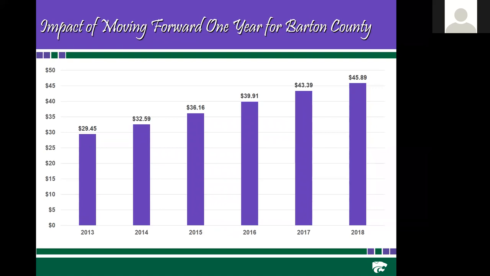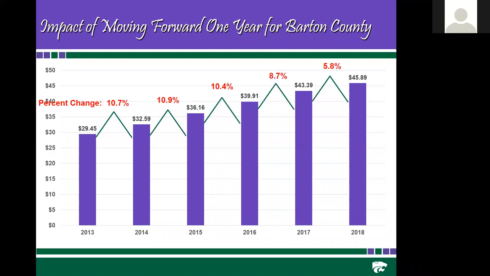If you had less productive land in Barton County, your values would be lower in terms of that LNI. You can end up seeing that increase from 29.45 to 32.59 to 36.16, 39.91, 43.39, up to 45.89.